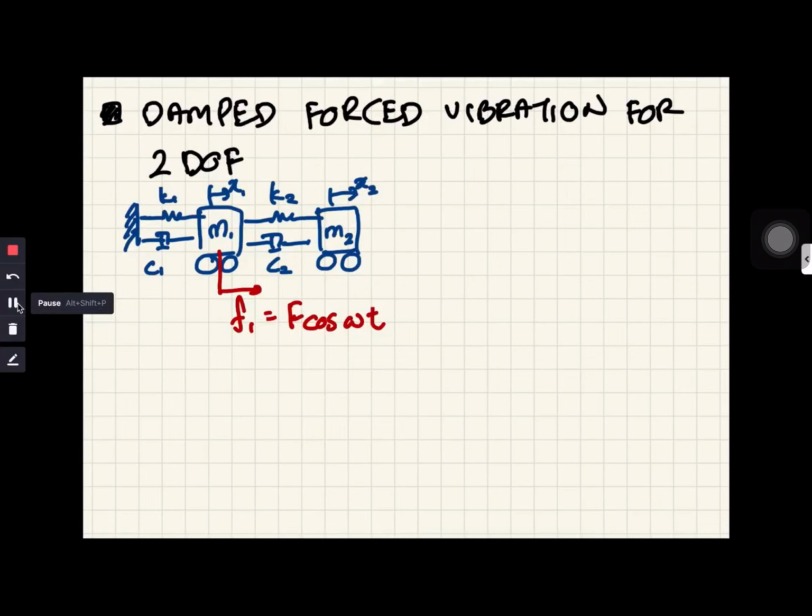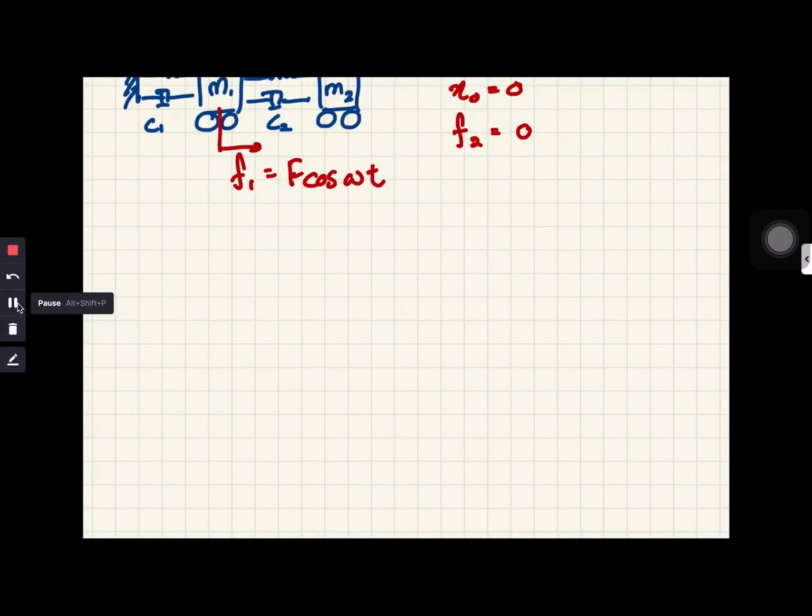And we say the initial condition is that x is 0 and there's no F2 on M2. Okay, so from here we can derive the equation of motion.